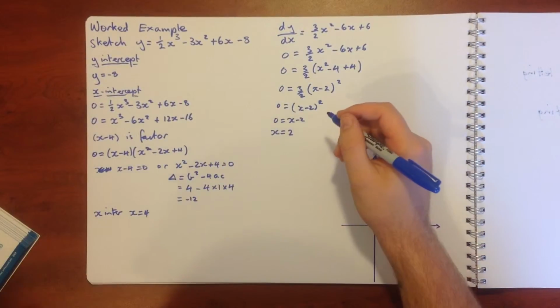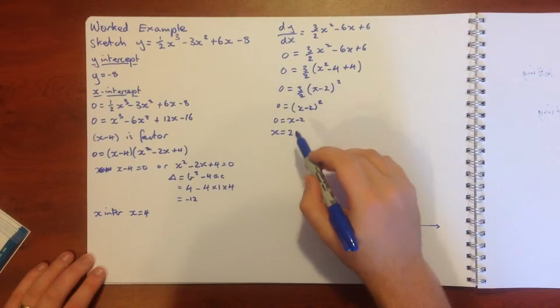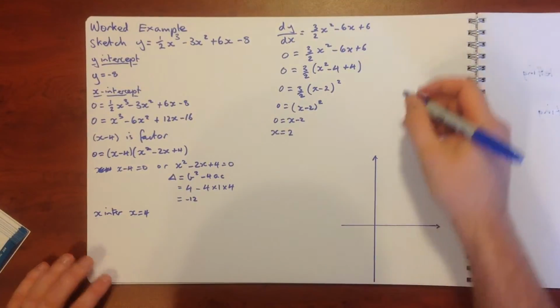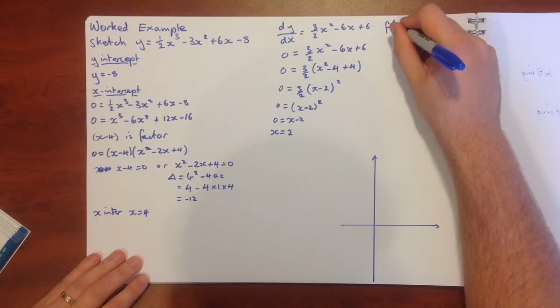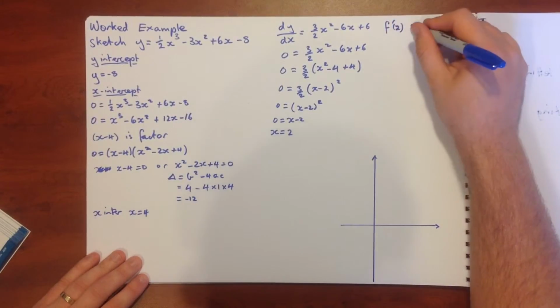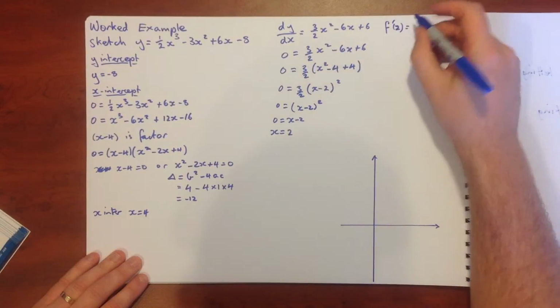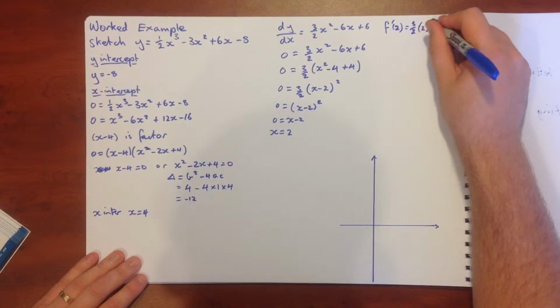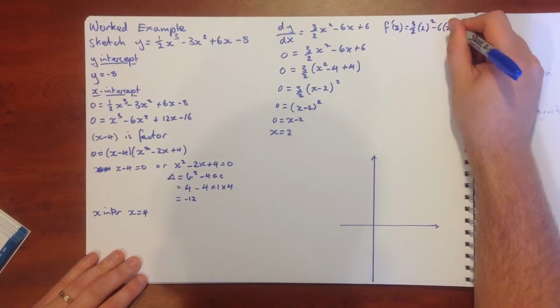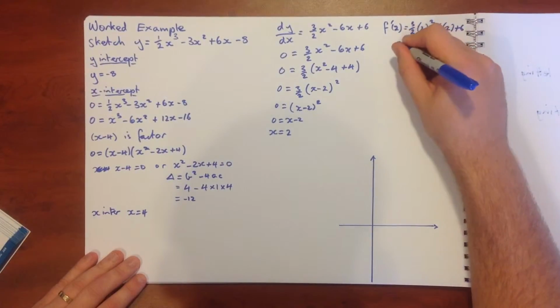What we need to do as well is find the y-coordinate of our stationary point. So we need to do f of 2. We sub 2 into here and say, well, we've got 3 on 2 times 2 squared, take 6 times 2 plus 6.